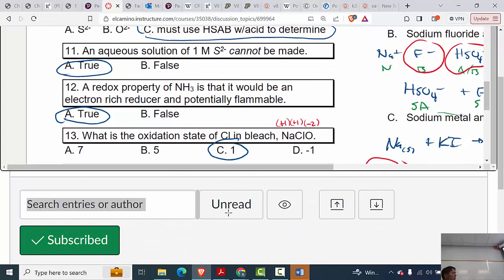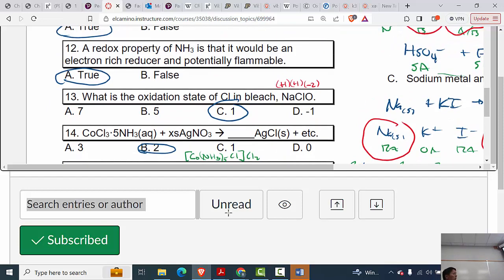What is the oxidation state of chlorine in bleach? So this is, do you know the rules or not? When you look at the oxidation state of chlorine in bleach, what does that tell you? Is bleach a very happy chemical? Stable? Unreactive? No, bleach isn't a happy chemical. It's an unhappy chemical.